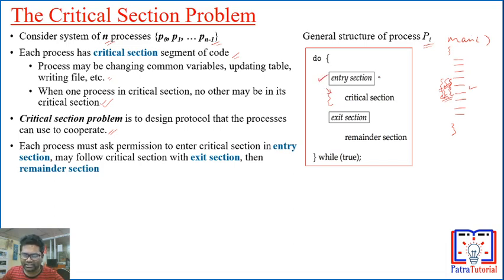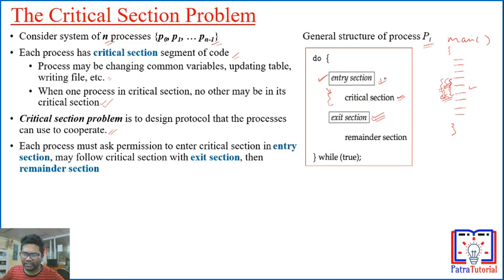In the entry section it checks whether any other process is currently in the critical section or not. If there is, it will not be able to enter the critical section. Before leaving the critical section it goes through the exit section, where it declares that it is leaving, and any waiting process can then enter.